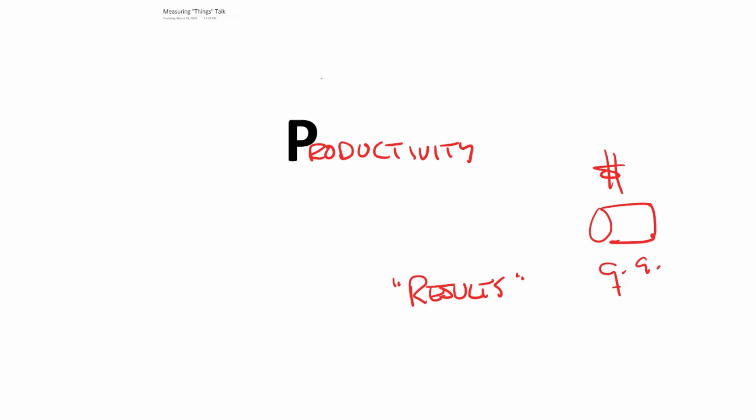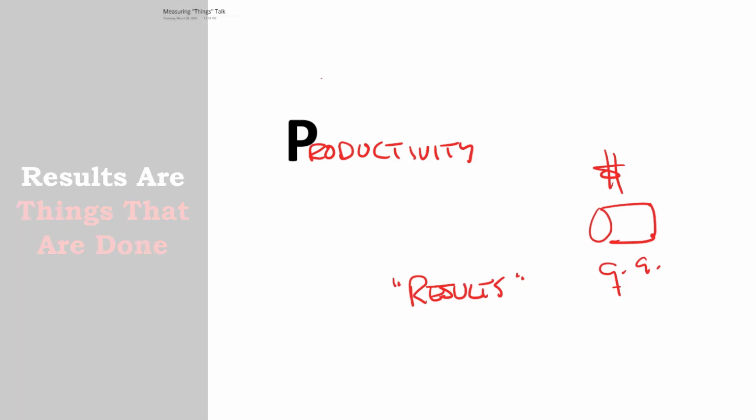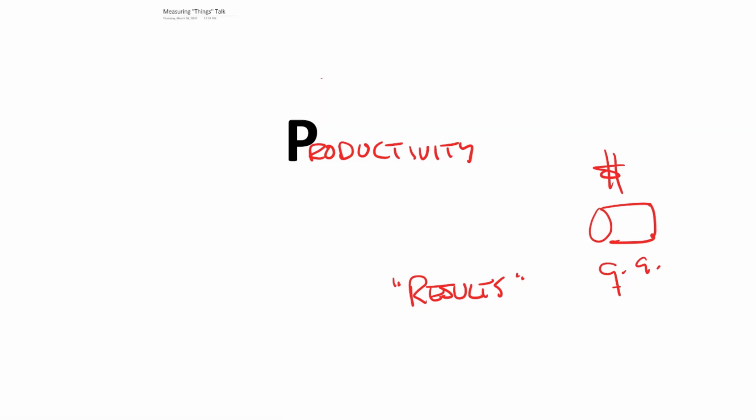And all of which are lagging indicators, because by the time you know what a result is, it's baked. By definition, results are things that are done. And so you don't really manage results, you monitor results. And so effectively, you are always looking in the rearview mirror.